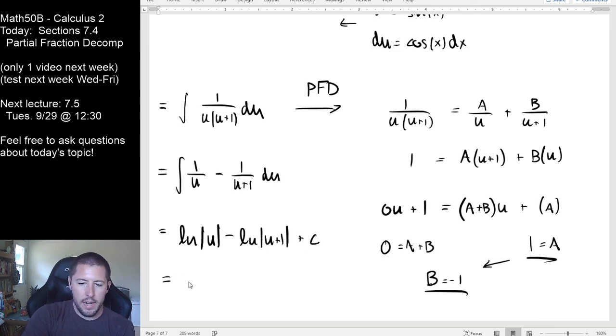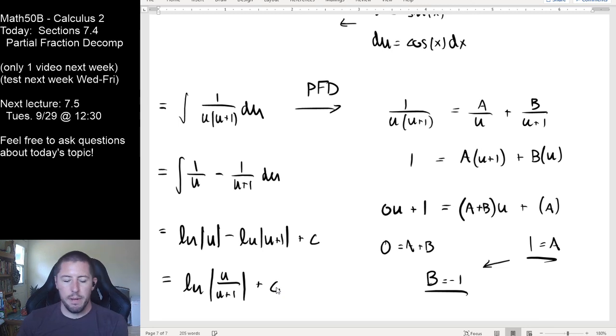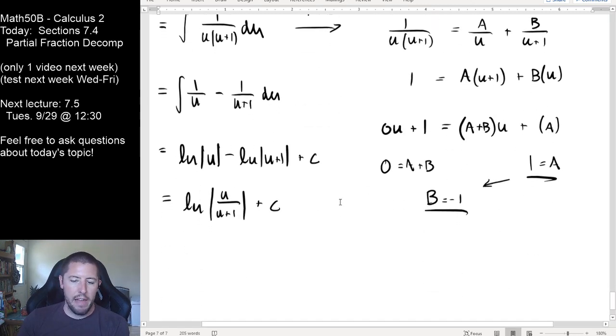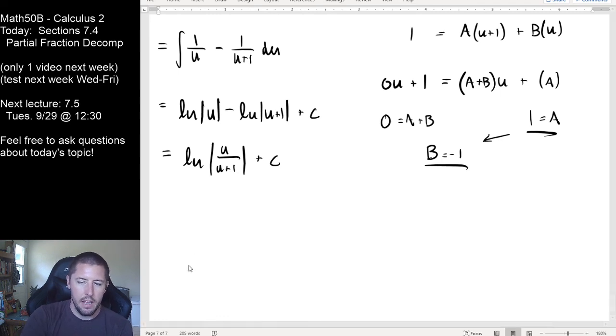I'm going to go ahead and do my little natural log simplification here of u over u plus 1 plus c. And because I'm being responsible, I'm going to remember that I originally defined u to be sine of x, so we should get back in terms of sine. And so this is going to give me now natural log of sine of x over sine of x plus 1 plus c.